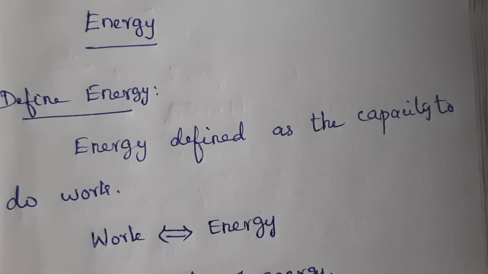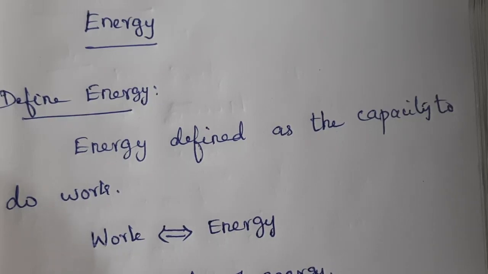Work is defined on the basis of force and displacement. Then I explained the expression for work done, that is W is equal to F dot dr or F dr cos theta. Then what is the unit of work? That is Newton meter or joule, and the dimensional formula is ML^2T^-2.